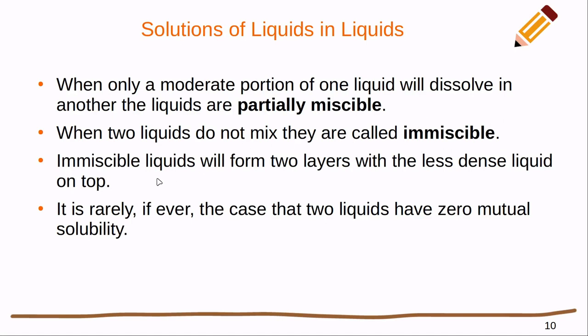And when you mix two immiscible liquids, they're going to form two layers with the less dense liquid on top. You may have seen this with salad dressing and vinegar or something. You let them settle, and they're going to form two layers. It is rarely, if ever, the case that two liquids have zero mutual solubility, though. Even when we talk about them being immiscible, some very, very small negligible portion is still going to dissolve in the other phase.